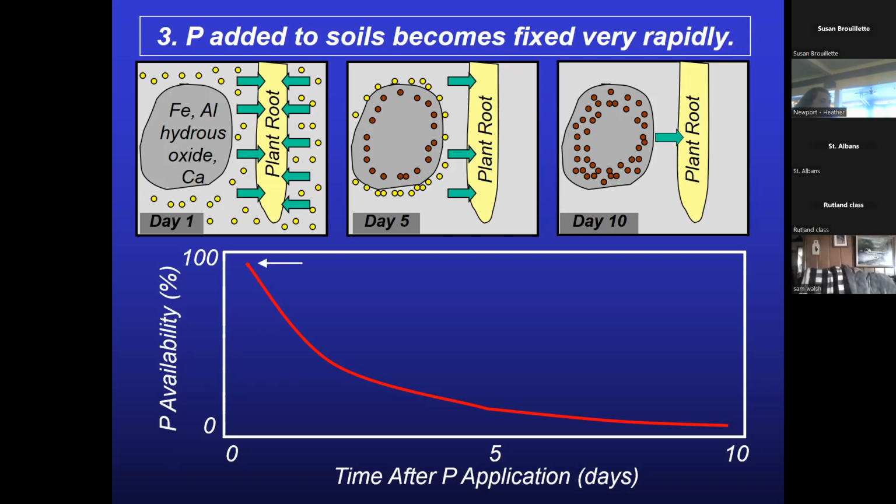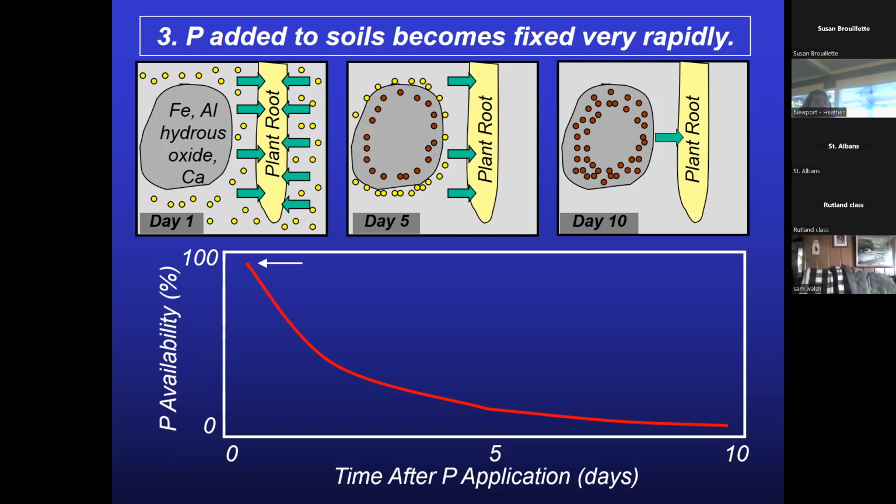Which again is why, when you have seedlings, and in our case a lot of the time we're talking about corn, you want to put that phosphorus right near the seedling so that it has access to it. If you have really, really high phosphorus levels, it's a totally different story, okay?